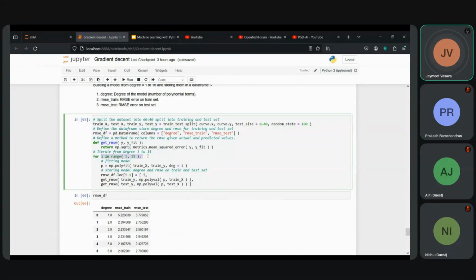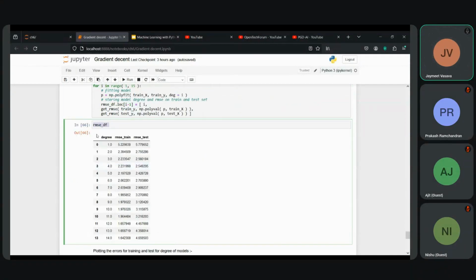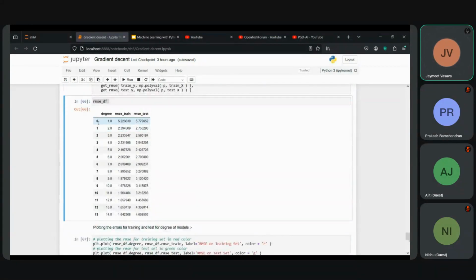Then iterating through the degrees of 1 to 15, and storing the results in the RMSE data frame. And when printing the data frame, these are the values that we get.